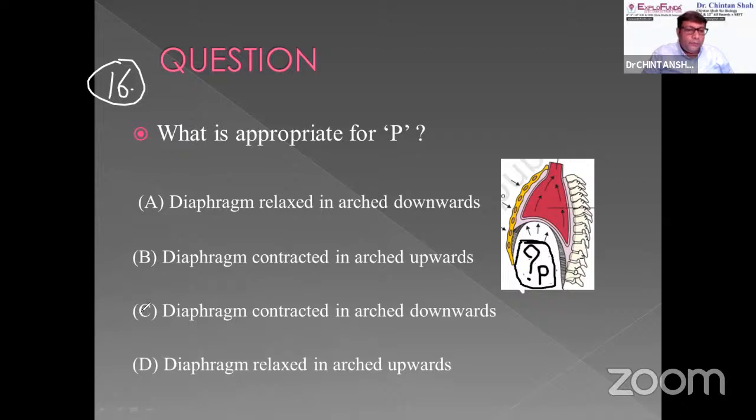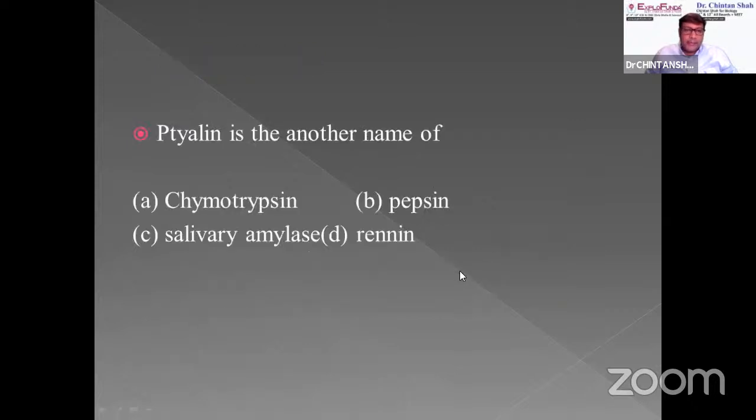There is no need to go for its detailing. So 16th is D. Perfect, very good. Here it was arched downward, but this is arched upward. So that is about expiration, and during expiration, this will take place.